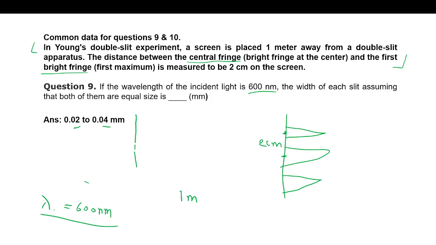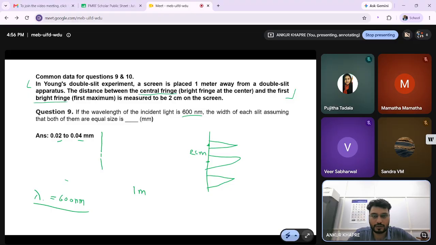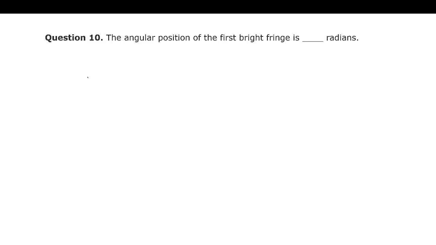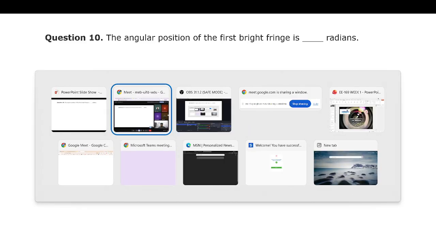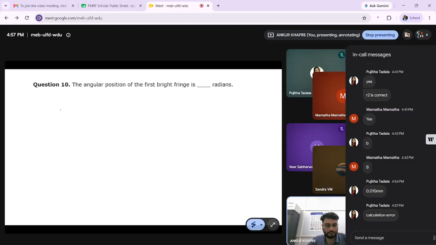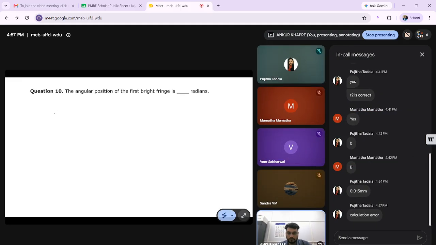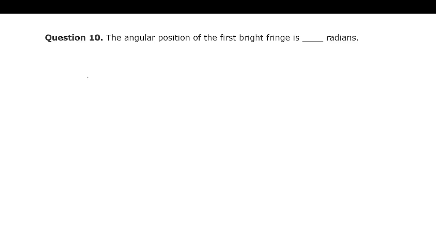You need to just answer the angular position of the first bright fringe from the slit. Could you answer it? It's quite easy, you can just do.